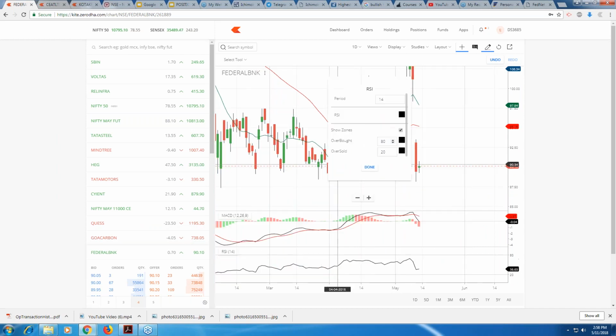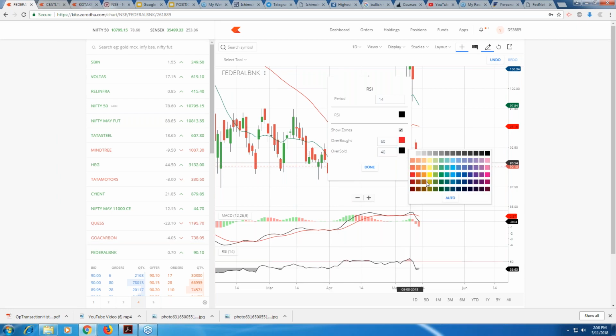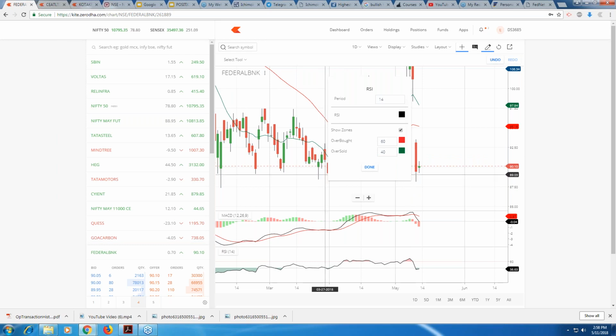I'll leave the period as 14 only, but overbought I'm going to make 60, oversold I'm going to make 40, and the color of overbought will be red, and the color of oversold will be green, right? And I'm done.